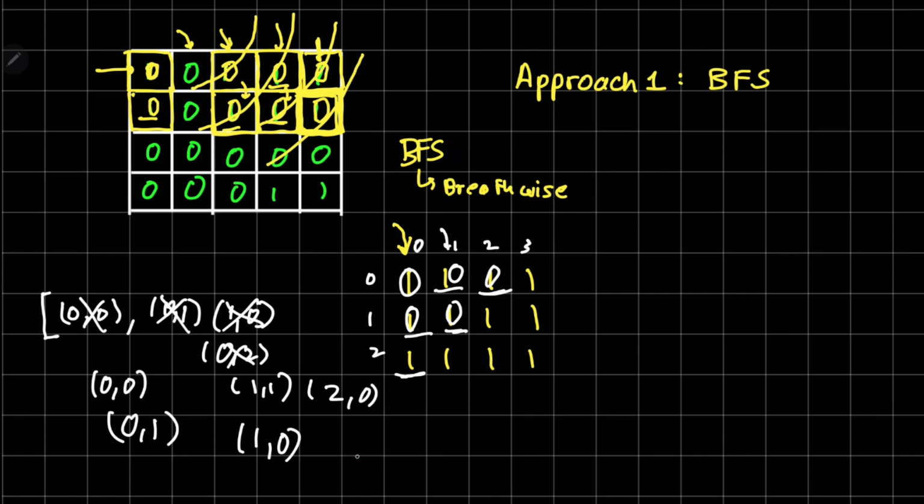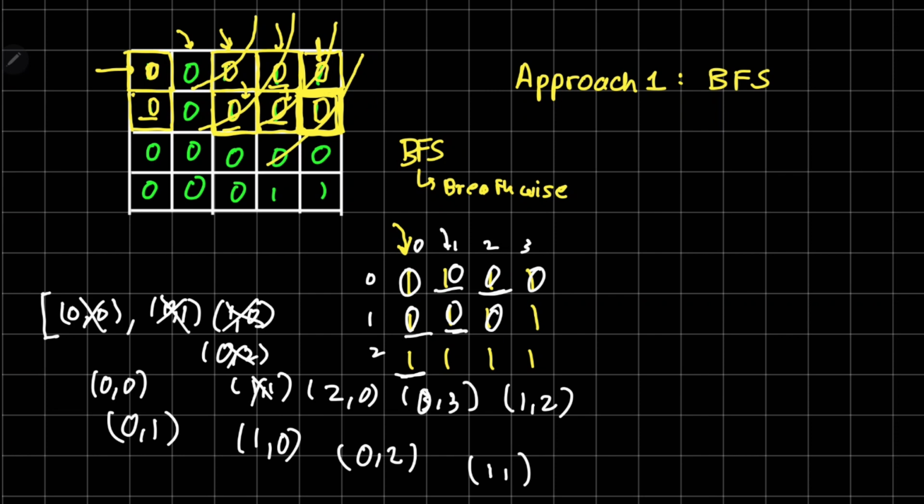Now we will pop 0, 2, and 0, 2 will have neighbors 0, 3 and 1, 2. So these are also pushed into the queue. Now we'll pop 1, 1 from the queue.